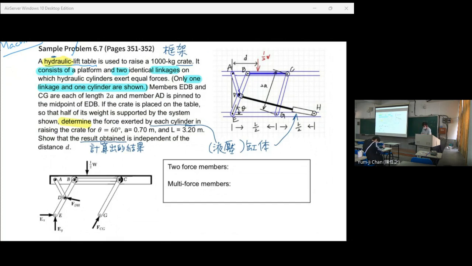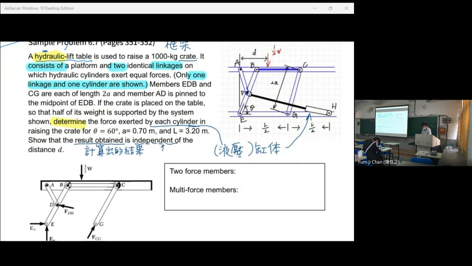Independent of, do you know what it means? 无关 or 独立.